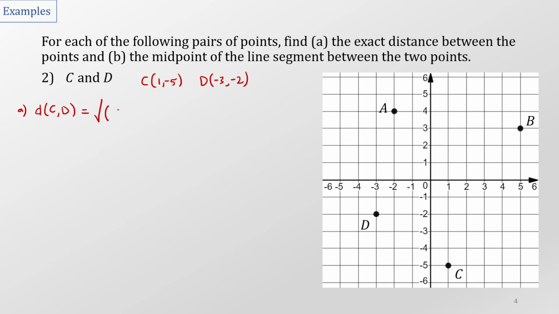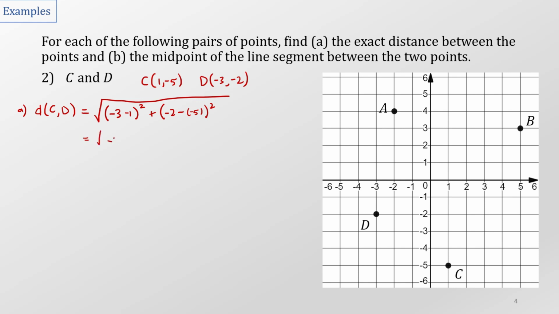So using our distance formula, the distance between C and D will be the square root of, take the difference in their x coordinates, so negative 3 minus 1 squared. We need the difference in the y coordinates squared as well, so negative 2 minus a negative 5, squared.